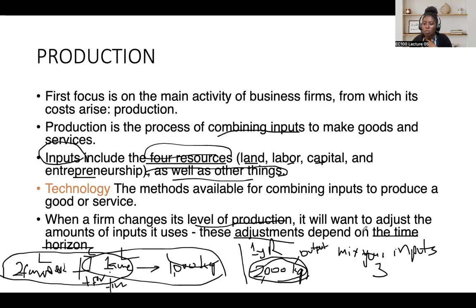You might not be able to change farmers and the acres of land. It's going to cost you more, so that might not be realistic. So maybe you might increase just farmers and remain on the same land, but also use some good fertilizer and something like that, or some seeds.